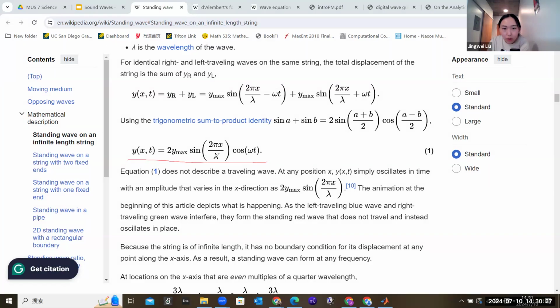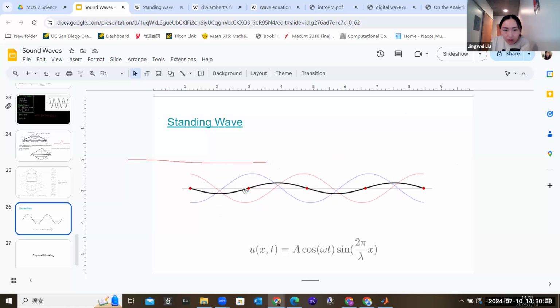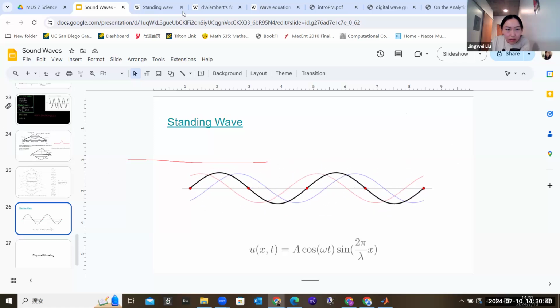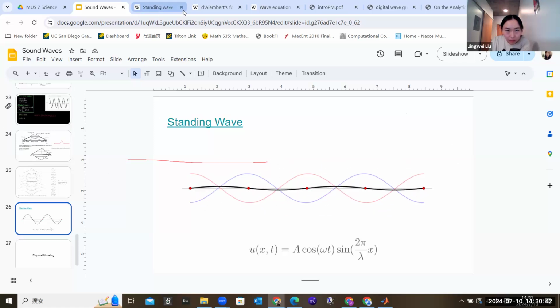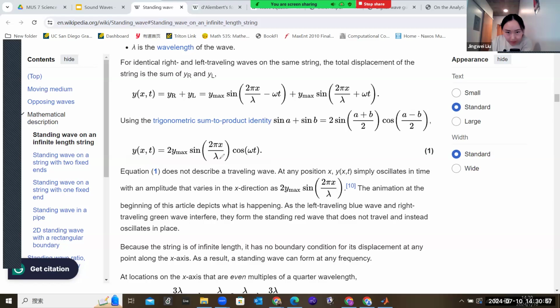This is called standing wave because, as we already saw in the previous graph, there are fixed nodes, right? So where are the fixed nodes? Okay, let me see. To compute the fixed nodes, we should look at this formula.